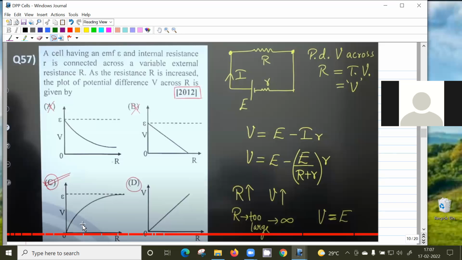So this is the correct one. And if you put a very, very large value of capital R, then V will saturate to E. So this relation is clear. Yes, sir.